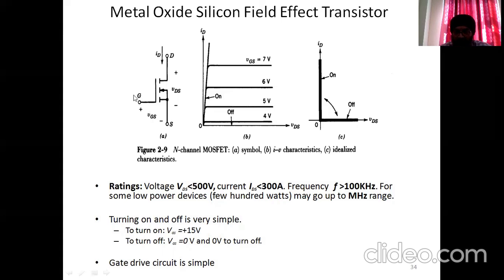So on applying voltage to this VGS, this MOSFET is turned on. Again, disconnecting this VGS means 0 volts, this device is turned off. So just by connecting and disconnecting this voltage source to the gate and source terminals, we can turn on and turn off the device. So we can control the turning on and turning off of the metal oxide silicon field effect transistor.